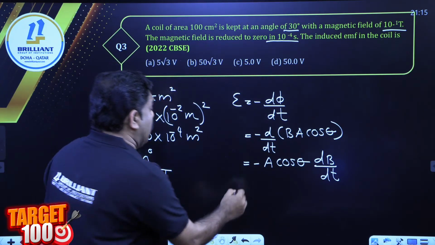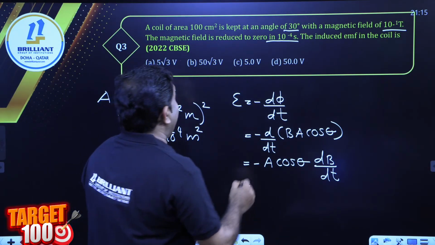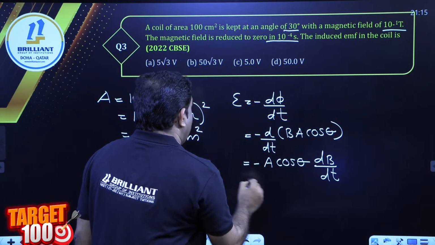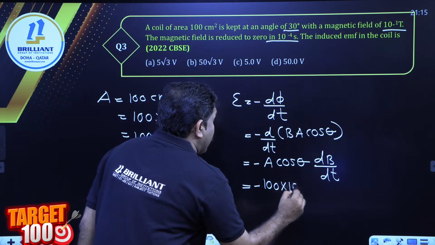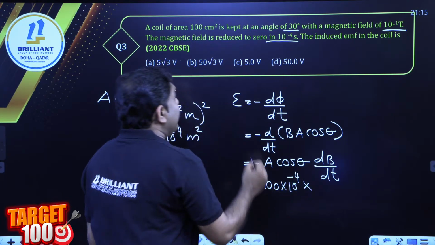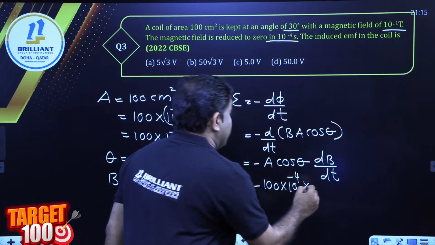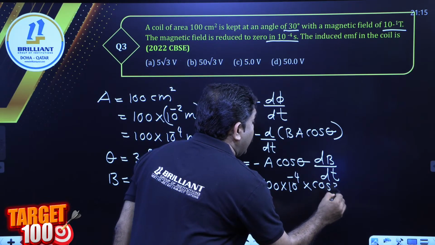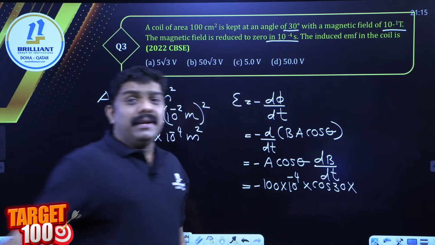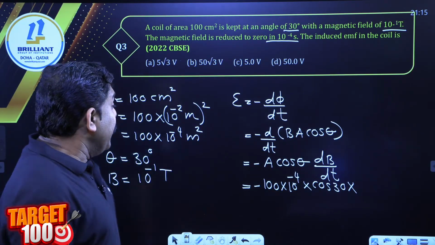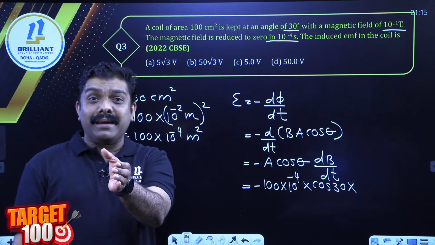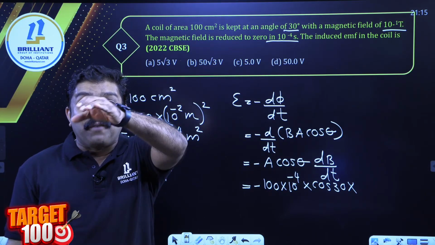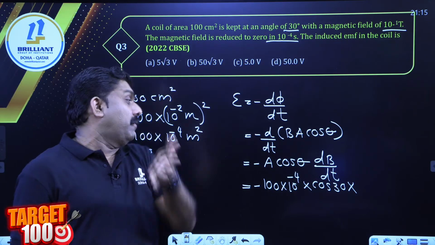Now we substitute the values. The area is 100 into 10 raised to minus 4, so minus 100 into 10 raised to minus 4, and cos theta, that is cos 30. Then we need dB by dt. dB means the change in magnetic field, the final field minus the initial field.